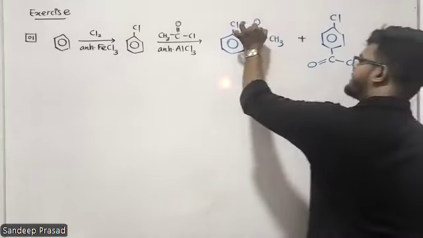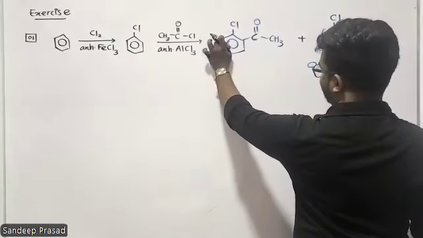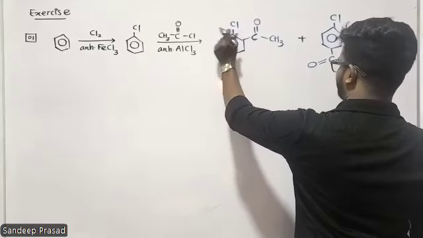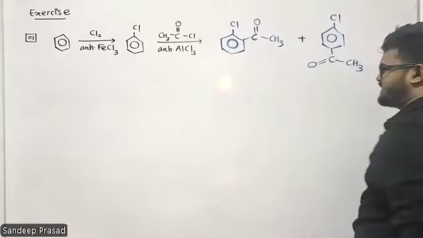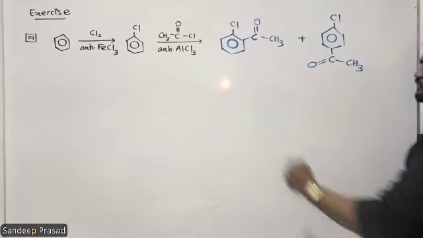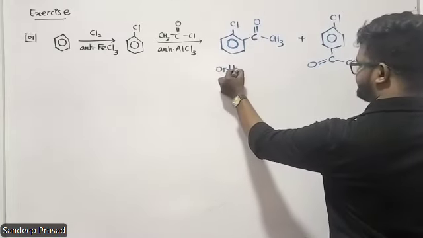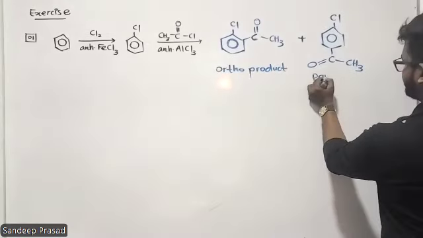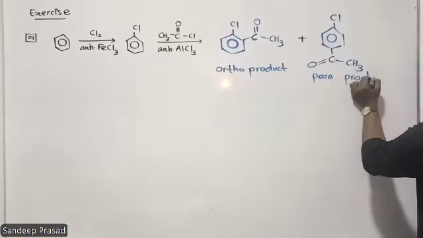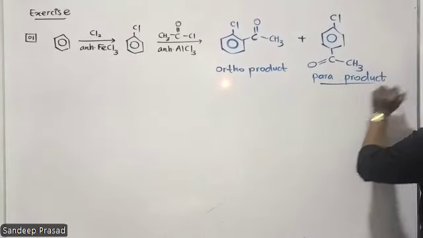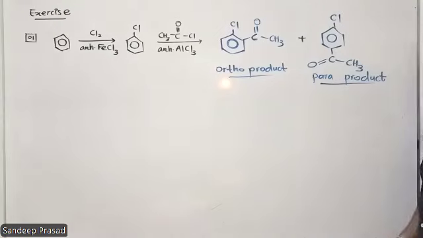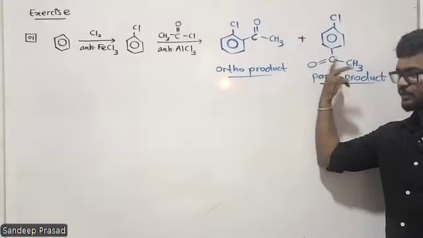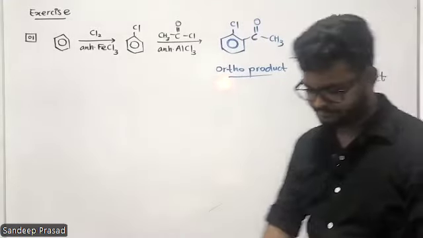What about if I connect it to the other ortho position? No students, both are the same. Under the discussion of benzene, we discussed that. So this is the ortho product and this is the para product. In conversions, you can use the relevant product that you need to continue that conversion. You can choose the one you need and do the conversion, right?